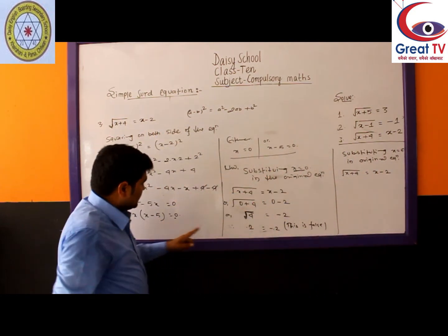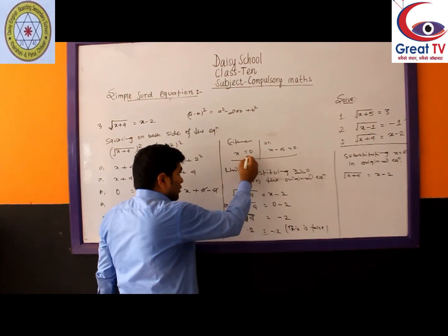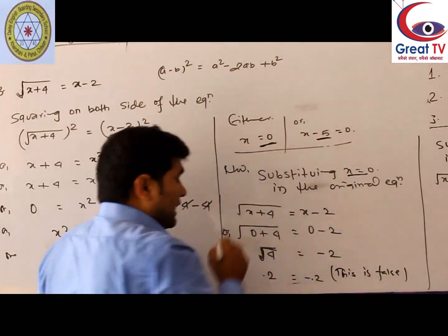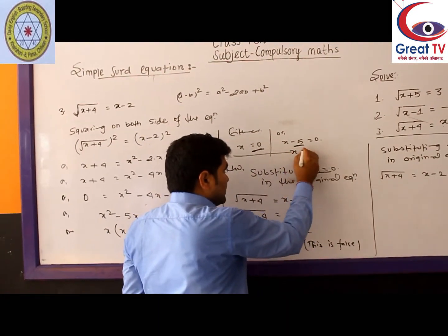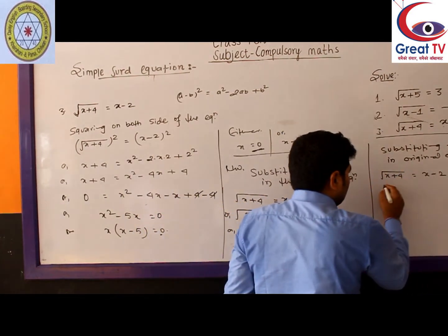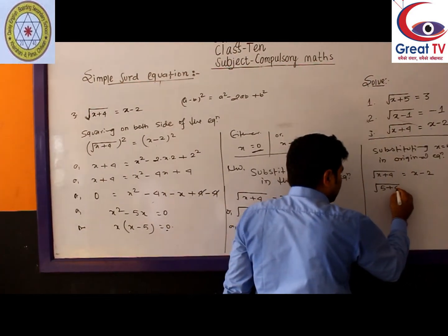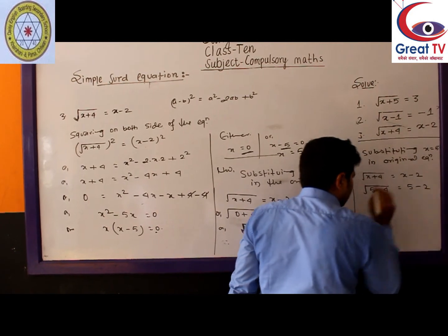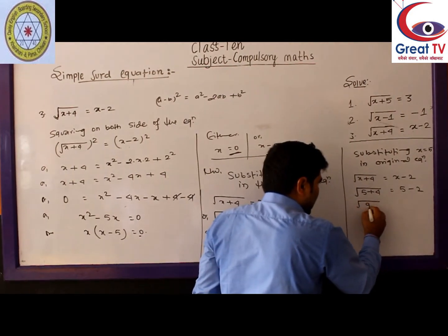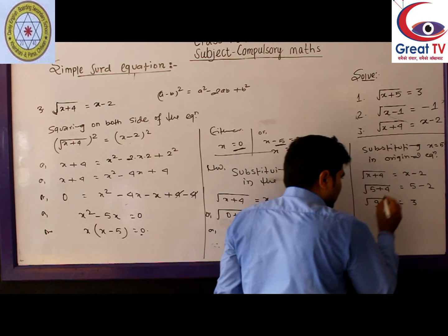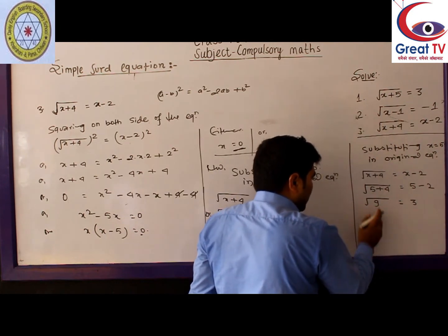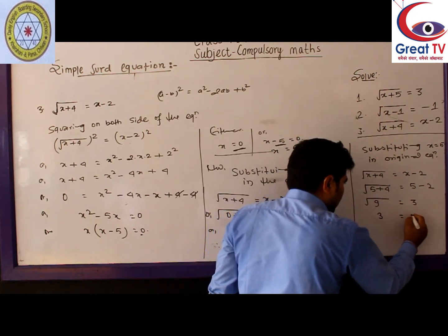Now put the value of x equal to 5. The first time we took 0, the second one is 5. Now root under 5 plus 4 equal to 5 minus 2. Root under 9 equal to 5 minus 2 is 3. Therefore root under 9 means 3, equal to 3.